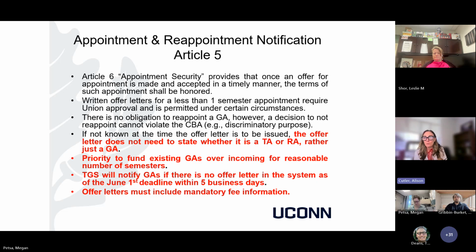But if you know that they're going to be in a teaching position, then you have to tell them, and the same with an RA position. Because what we were hearing from the grads, the GA union, was they want to have something in their hand on June 1st so that they can re-up their lease, and show and prove that they're making money in their personal lives. So I think it's really important that we follow this if we can, but we do have a little leeway by just offering a GA instead of an RA or a TA.